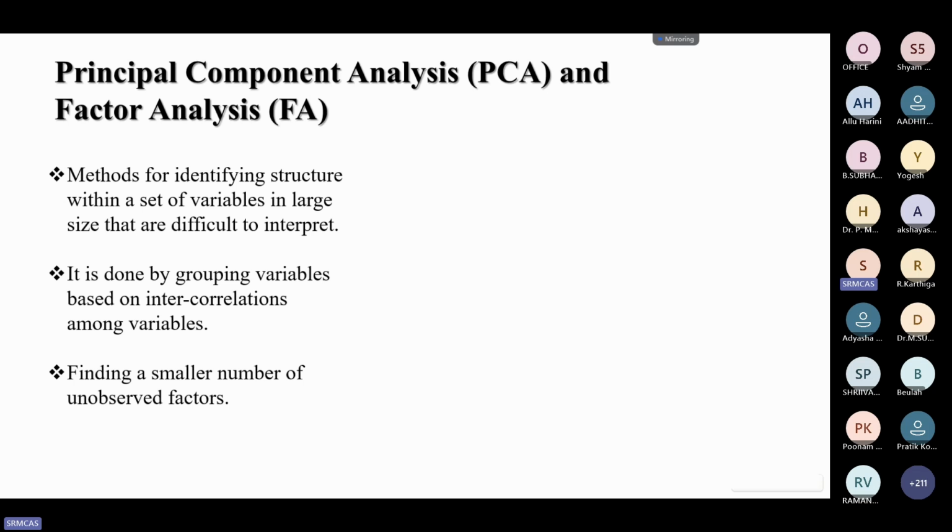It is applicable in the genetics field also, because a change in the value of one factor may be related with many other factors. So these two analyses are done by grouping the variables based on the intercorrelations among the variables, and finding a few factors based on the similar variables.